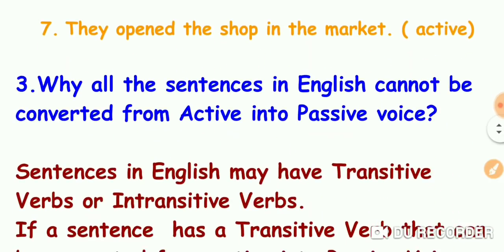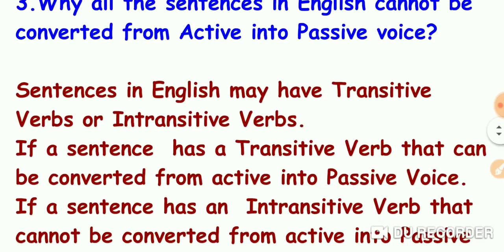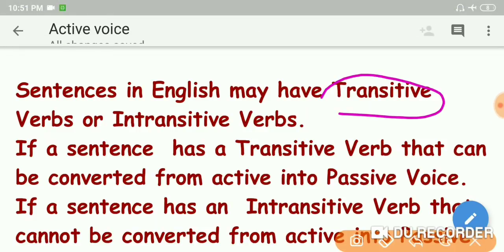Okay. So here you see the third question: why can't all the sentences in English be converted from active into passive? The reason is that sentences in English may have transitive verbs, and may have intransitive verbs. So what do you mean by transitive?